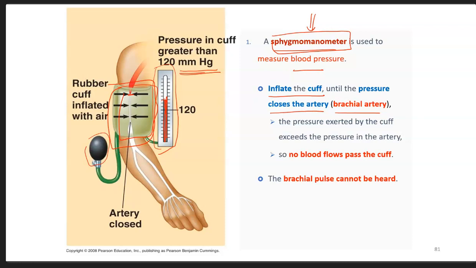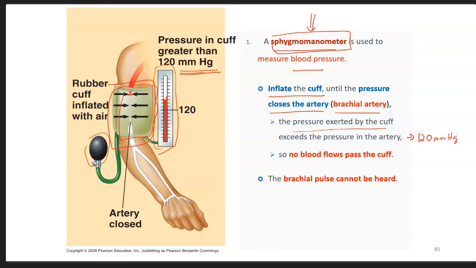So it says here, after you have inflated the cuff, this is to exert pressure. The pressure exerted by the cuff exceeds the pressure in the artery. The blood pressure in the artery is 120 millimeter mercury.